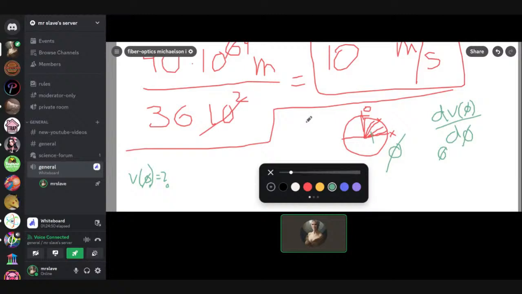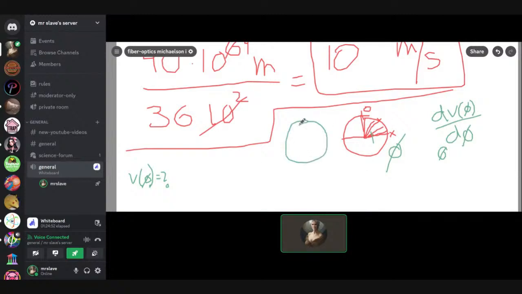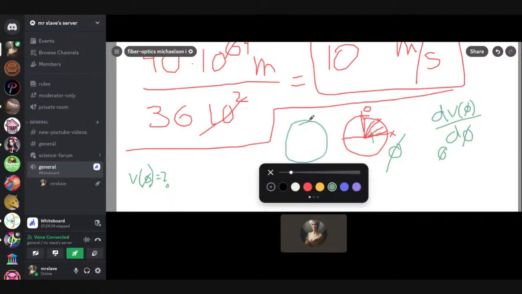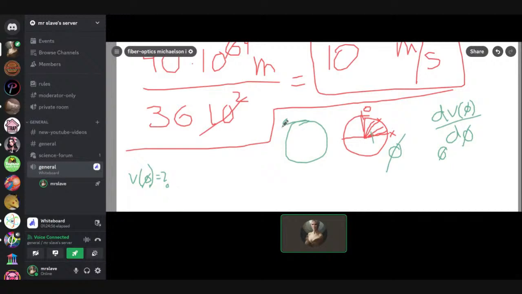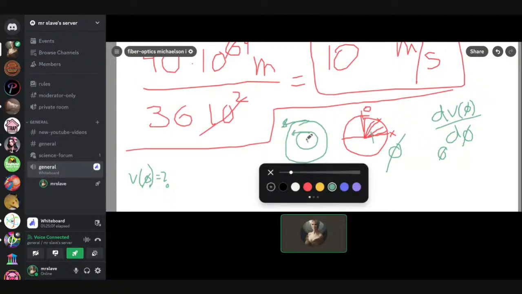So if we have a top view of the Earth, this is the velocity at the equator, and this is the velocity halfway through. The velocity at the North Pole is 0. Every 1 degree, do all the degrees look the same from a top view?